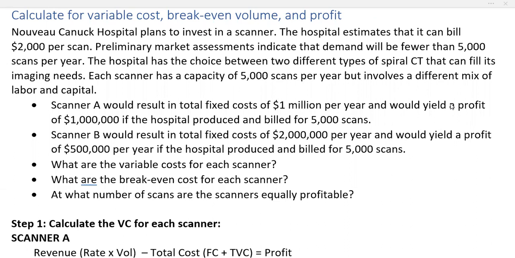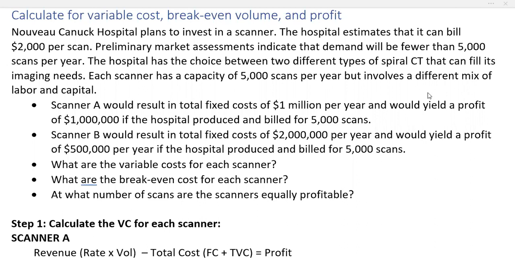The hospital has a choice between two different types of scanners that can fill its imaging needs. Each scanner here has a capacity of 5,000 scans per year, but involves a different mix of labor and capital.